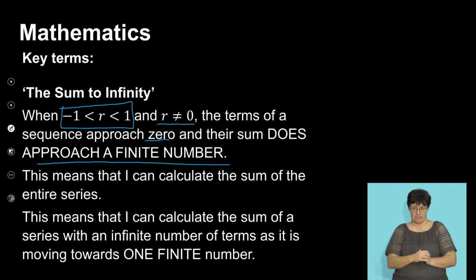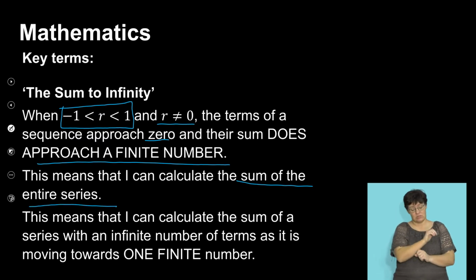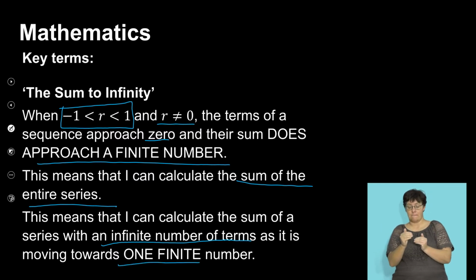When a series is convergent, it means that I can calculate the sum of the entire series. So that's quite cool. If my ratio is a proper fraction, I can calculate the sum of a series with an infinite number of terms, as it is moving towards one finite number.